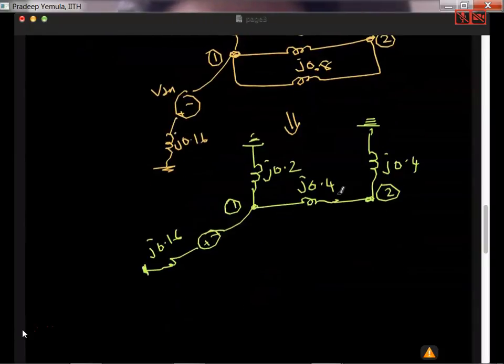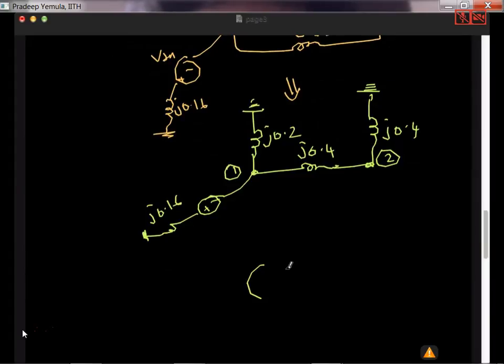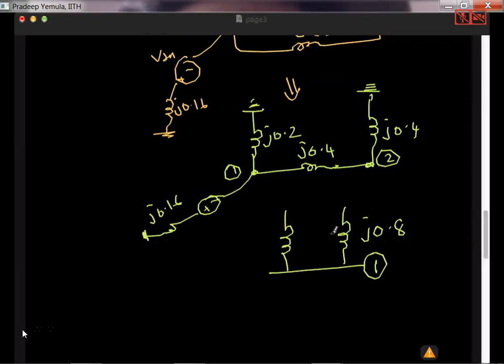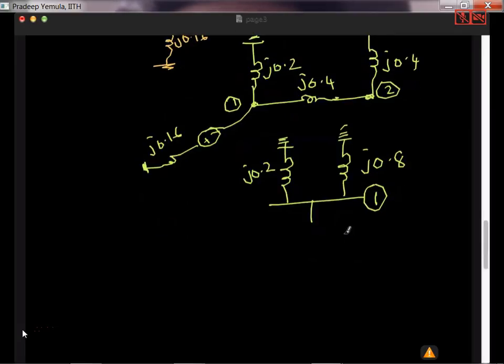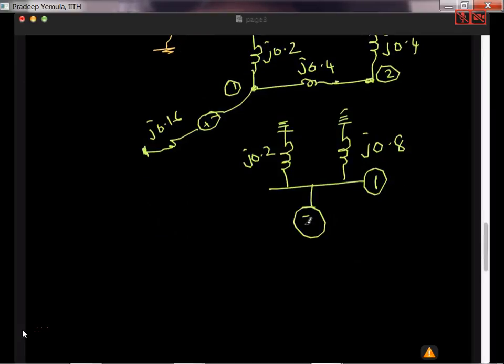So now these two are in series and that overall thing is in parallel with. So finally I'll get this is j0.8, this is bus 1 and this is j0.2, and then there is a Thevenin's impedance and then there is a fault impedance j0.16.